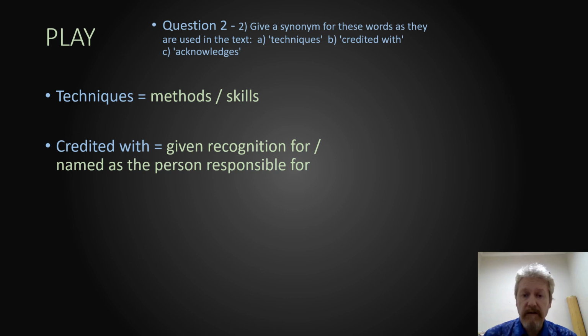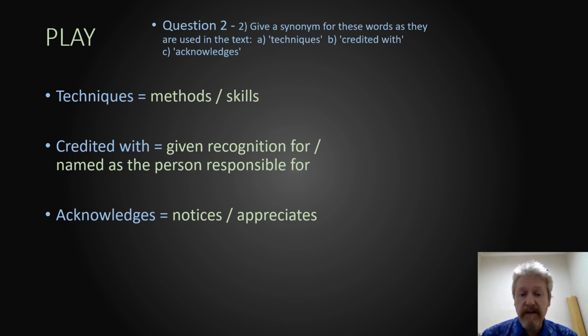If your synonym means he is given recognition for something, or that he's been named as the person responsible, not just he is the person responsible, but he's named as the person or identified as this person, then you'd get a point. And the word acknowledges. It's either he notices the crowd's applause or the fact that he appreciates it.